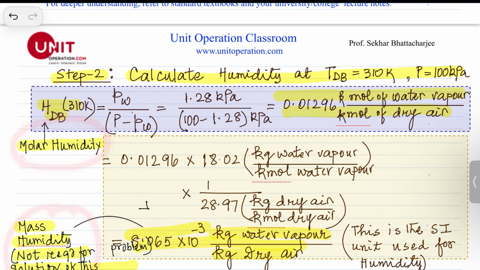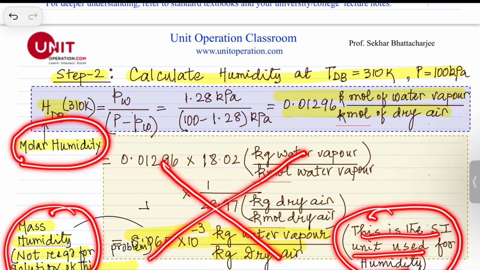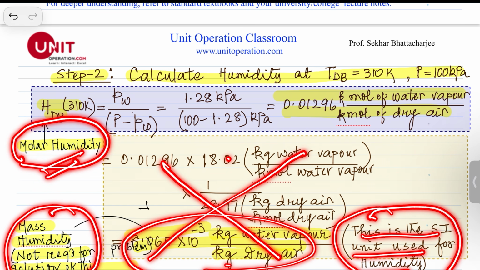Mass humidity is mostly used in calculation, and this is the standard SI unit. But in this problem, we don't need that, so we are not going to use the mass humidity. We'll just calculate the molar humidity. What is the molar humidity? It's the partial pressure of water vapor, which we have calculated right now, 1.28 kilopascal, divided by the total pressure minus the partial pressure of water, which is the partial pressure of air.